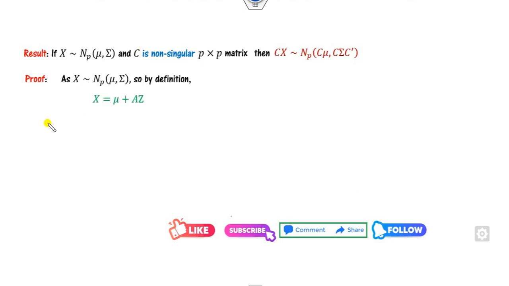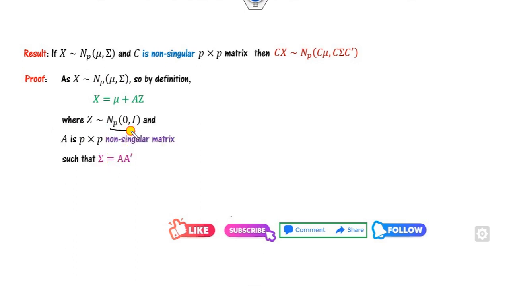That means by definition, A is your non-singular matrix and Z will follow the normal distribution of 0, 1, such that this is the positive covariance matrix, and the relation between the positive covariance matrix and the non-singular matrix is as here. Now your target is to find the distribution of CX.